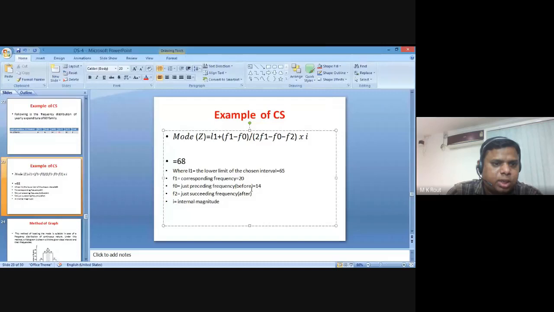The succeeding frequency is 16, and the common factor is how much? The common factor is 5 here. And after simplifying this formula, you get the answer 68. Is it clear to all? Just note down.